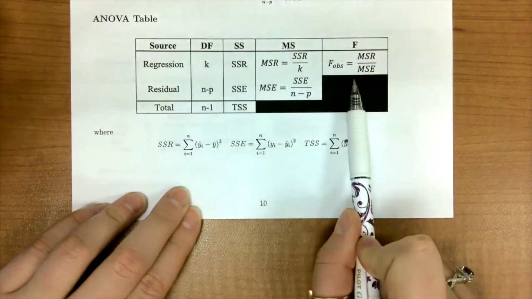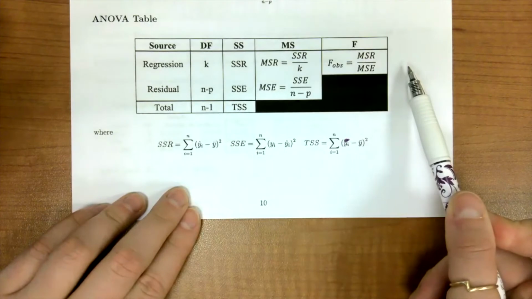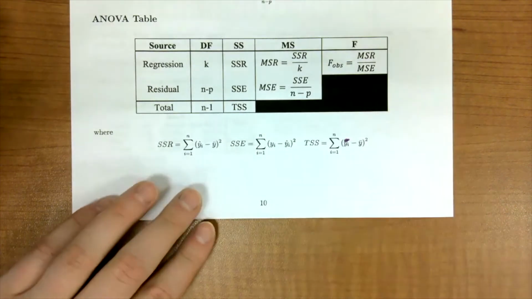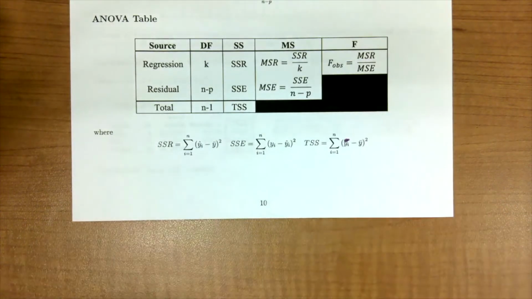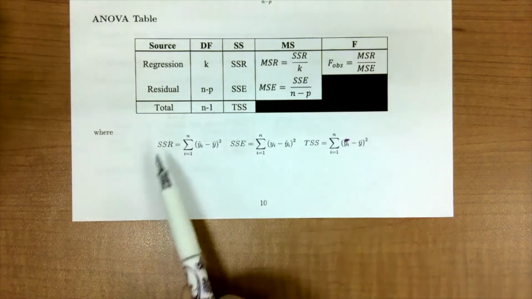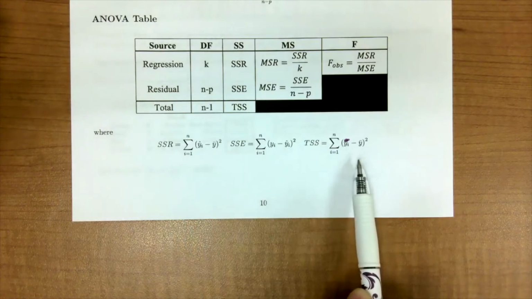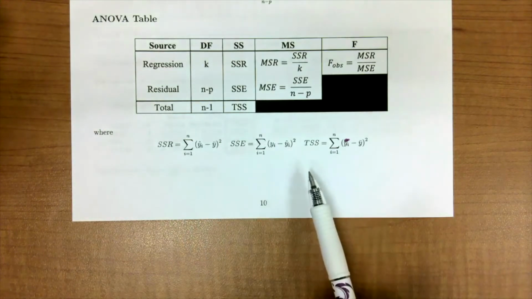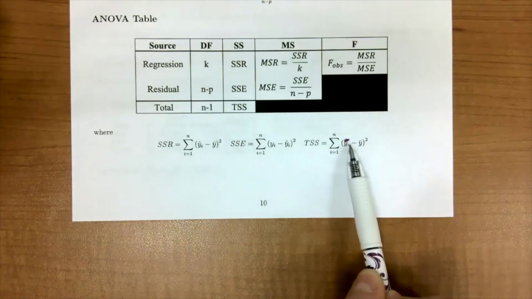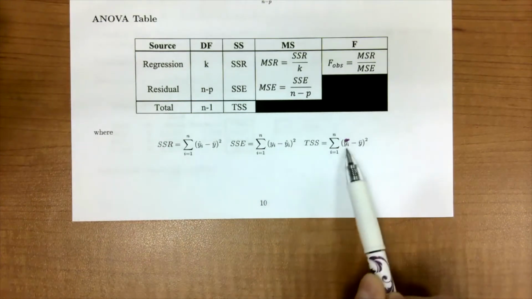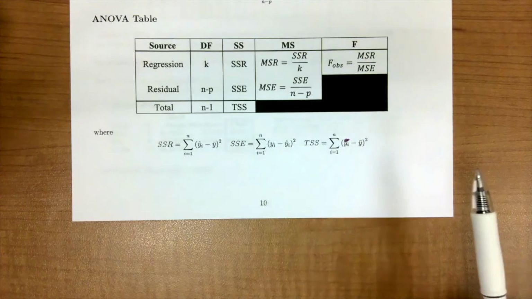We get an F value, and then in R or JMP, you would also get a p-value. I have provided the equations for our sums of squares. There was a little mistake, I'll fix that. There's not supposed to be anything there. It's our data minus y bar.